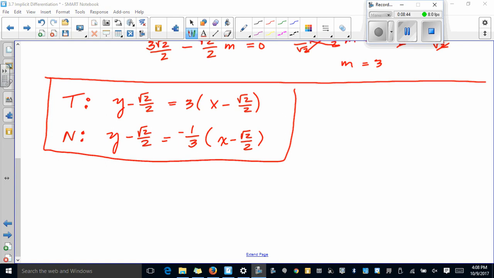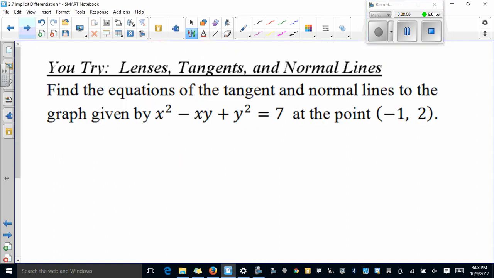Okay, next problem. Find equations of the tangent and normal lines to the graph given by x squared minus xy plus y squared equals 7. We have that product rule sitting there again. So derivative of x squared is 2x minus, if u equals x, u prime is going to be 1.